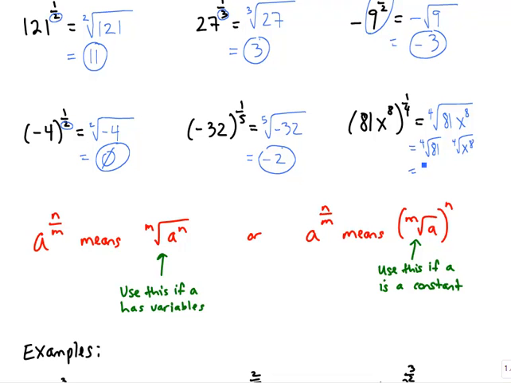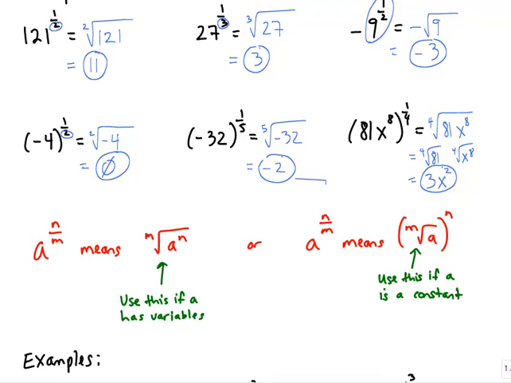So what number raised to the 4th gives you 81? And the answer to that would be 3. To simplify your variables, you're trying to see how many powers of x can I pull out. And since 4 goes into 8 twice, we're going to be able to pull out 2 powers of x. So we're going to have an x squared left over, and our final answer, 3x squared.